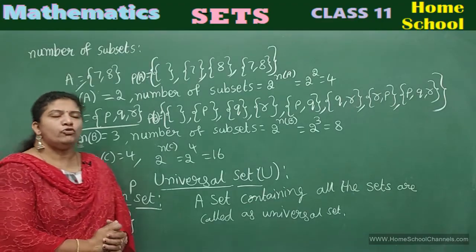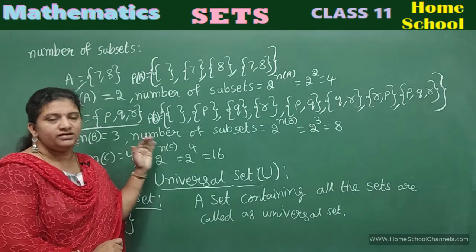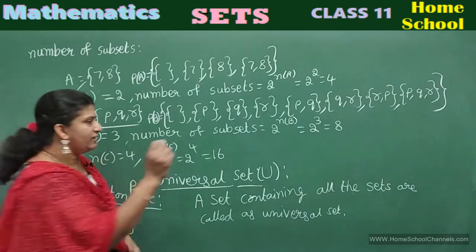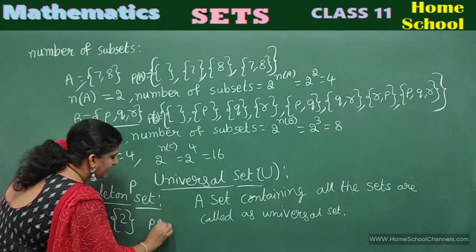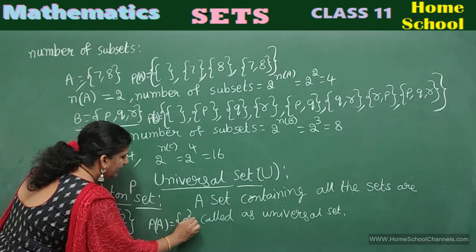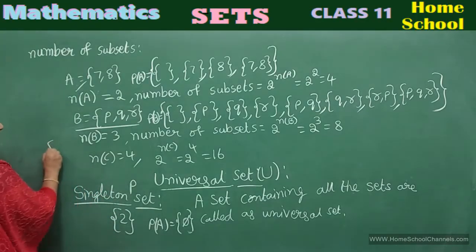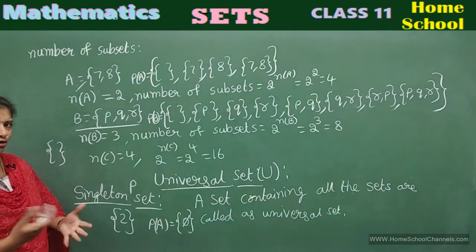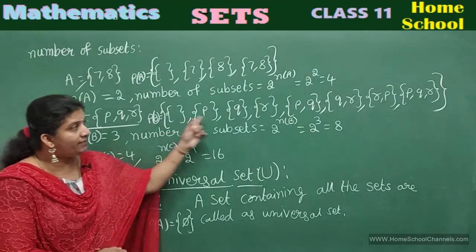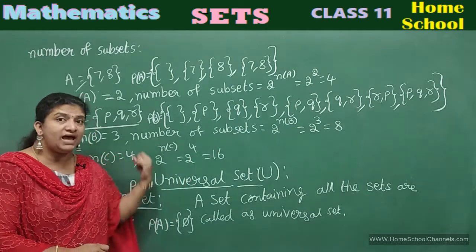And two more points I would like to discuss here. Suppose in a power set you have only the empty set. How many elements are there? Normally, if the empty set is given, you say that there are no elements. But in a power set, all these subsets become the elements.